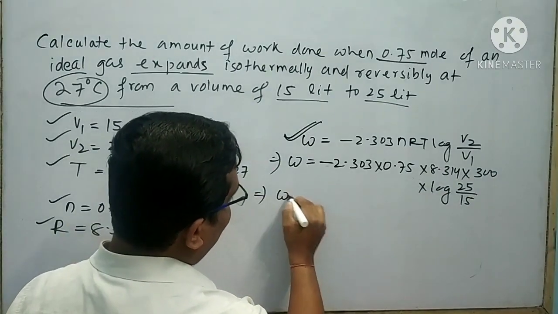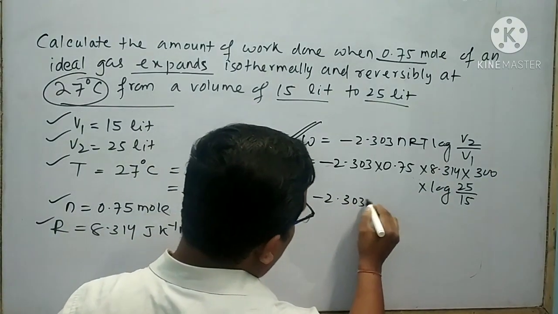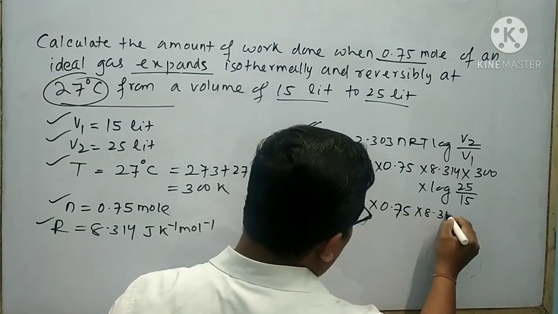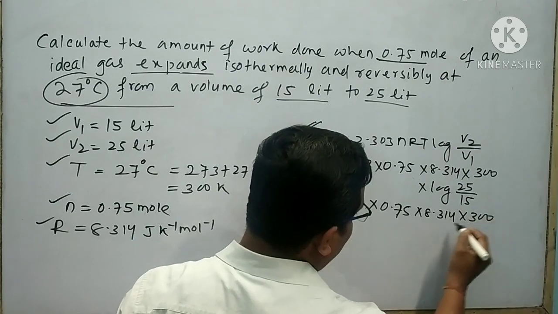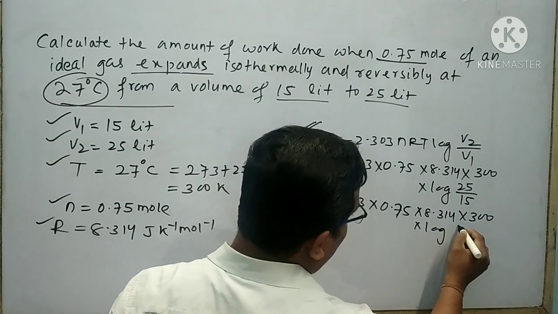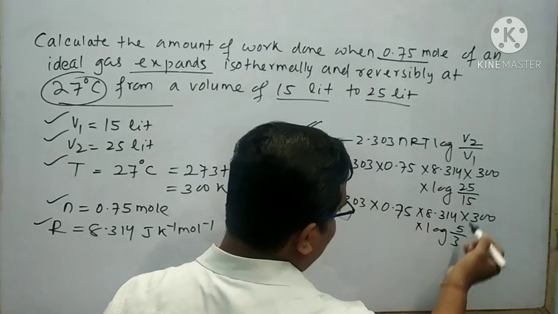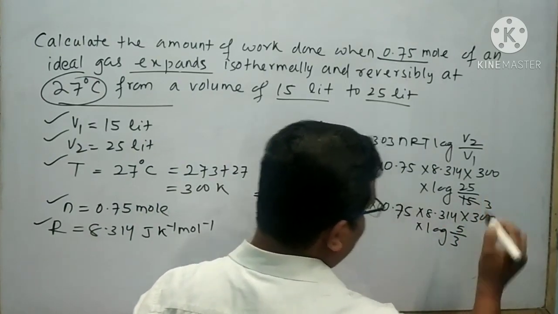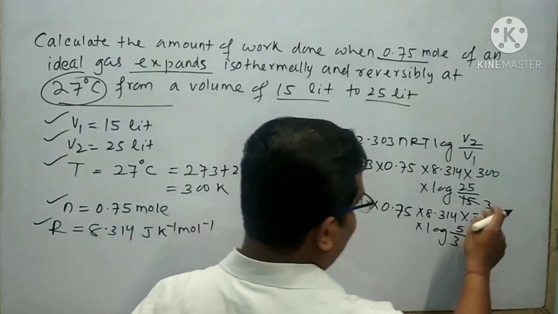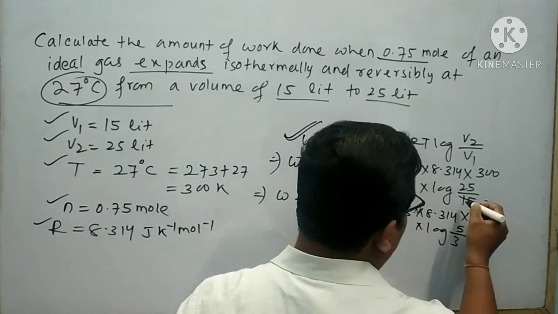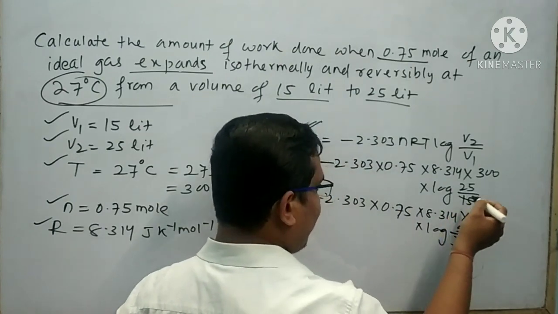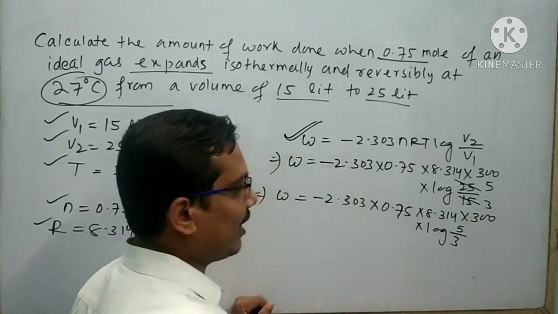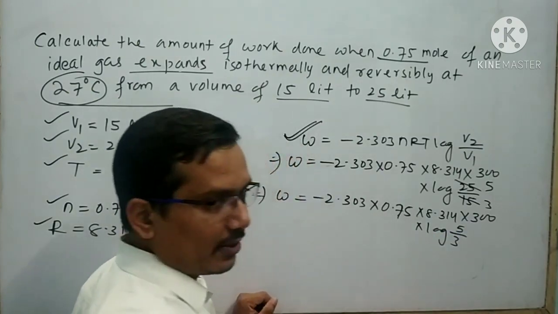That implies W equal to minus 2.303 into 0.75 into 8.314 into 300 into log of 5 by 3. We can divide the 15 by 5, then the quotient is 3. Here I can also divide the 25 by 5, and the quotient is 5. So here I can write log 5 by 3.